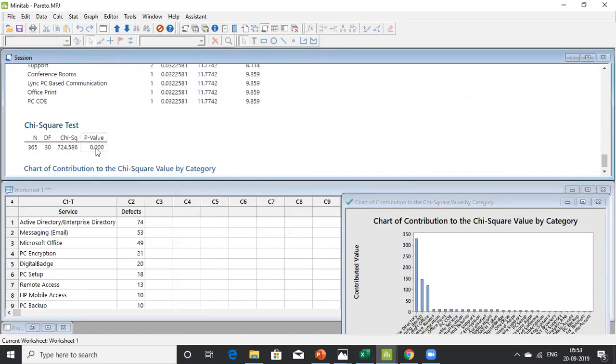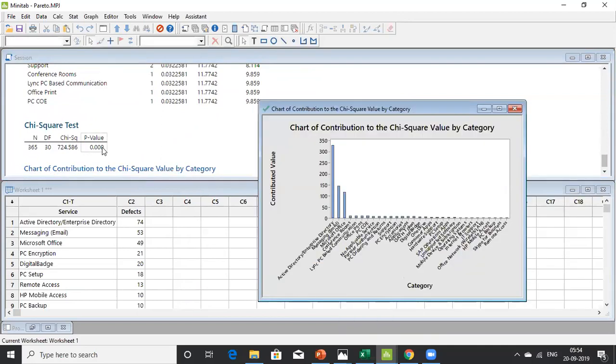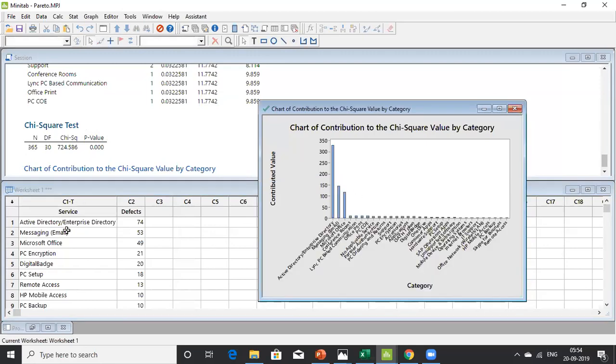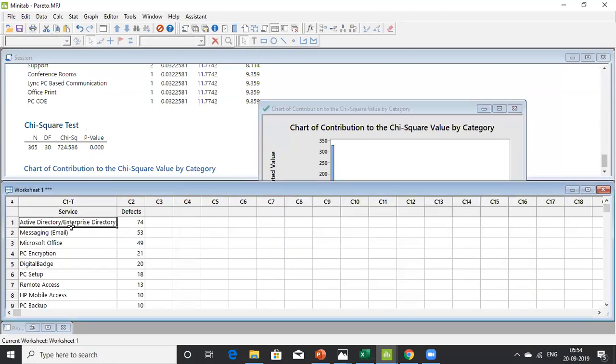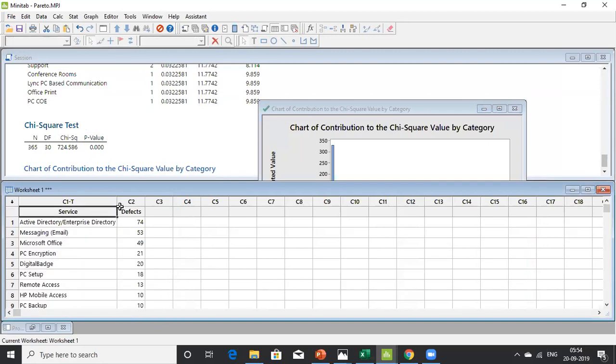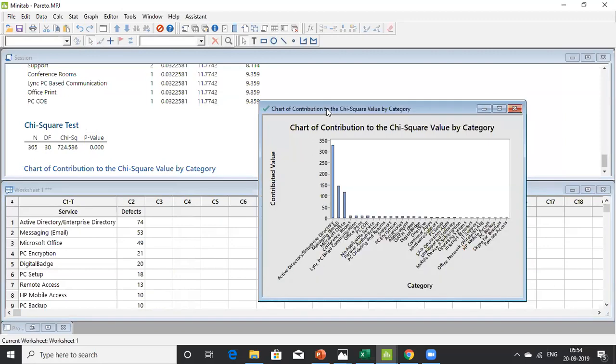Now my p-value is below 0.05. When it is below 0.05, it suggests that my alternate hypothesis is accepted, which means there is a significant difference in the expected count versus the Y, which means these are real contributors to the problem. So this is a very significant X for me.